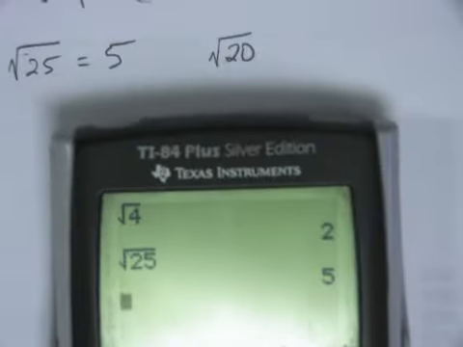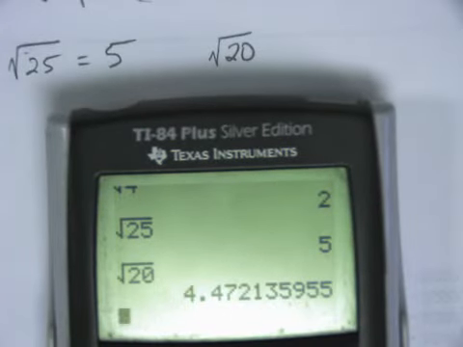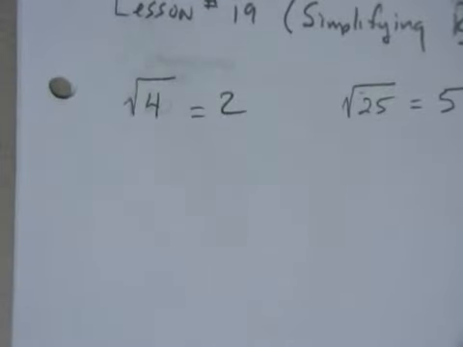But the square root of 20 is going to be 4.47. Tonight, we're not looking for the answer of 4.47, so you can't use your calculator. We're going to be simplifying radicals. I'm going to use the first two examples as easy examples so you understand the pattern.